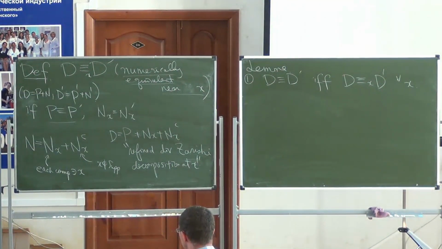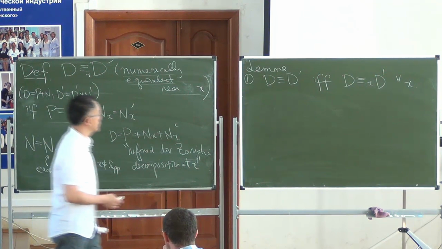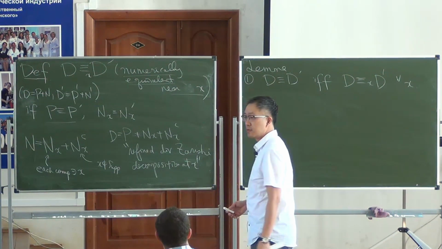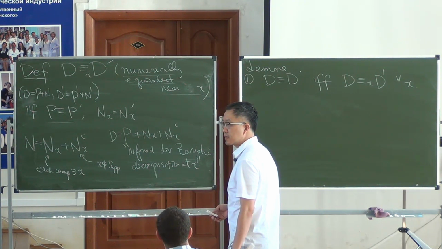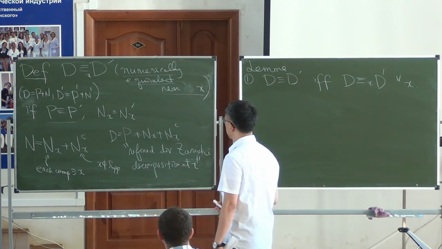So the definition comes from this. You want this to be true only at x, so we leave this part, we don't touch it. And for this part, we just want the components containing x to be the same. This is the only difference. But for instance, the definition is not equivalent to requiring that the intersection numbers coincide for every curve passing through X. It's something different.